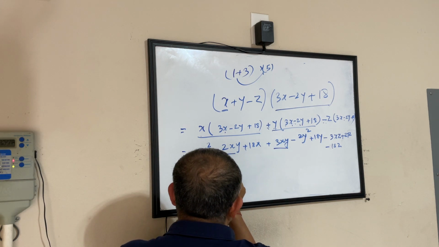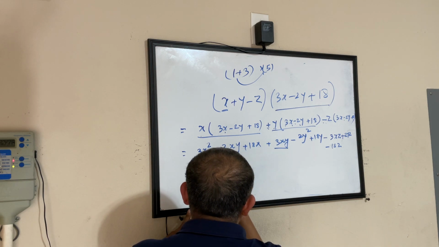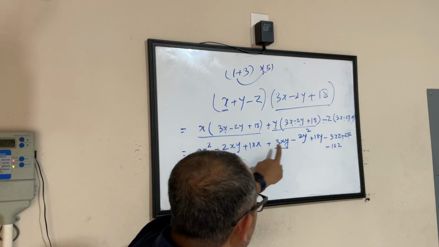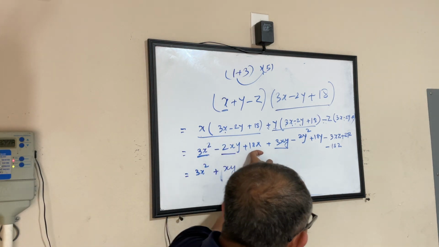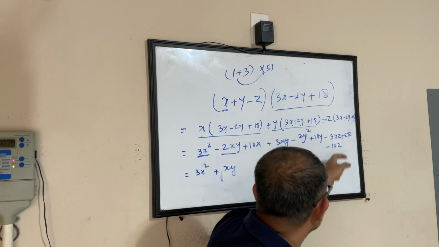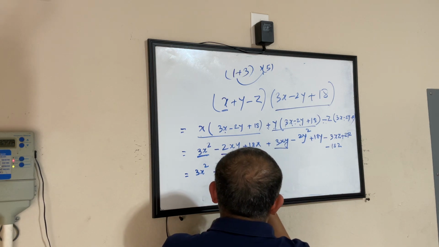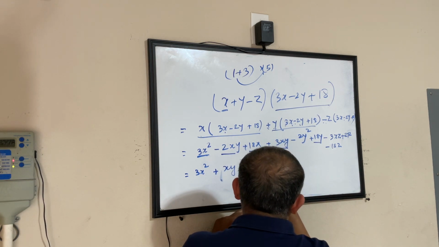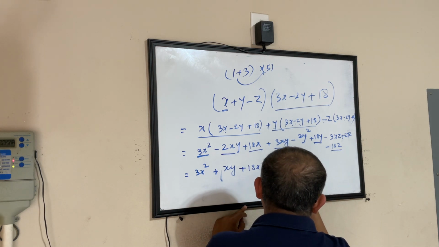So I have minus 2 bananas plus 3 bananas equals 1 positive banana, that is xy. So these two are also done. Now I'm going to the x thing. I have 18x, 18y, 18z, but there's nothing to combine with, so I will write 18x. This is done, plus 18y. This is done. Then minus 18z. This is also done.